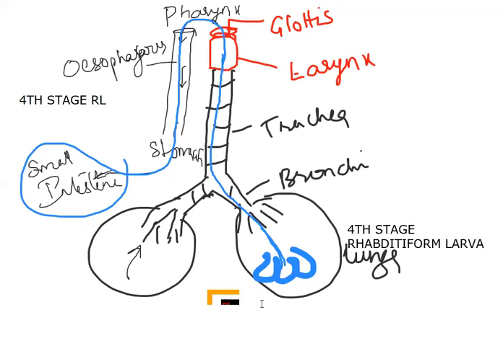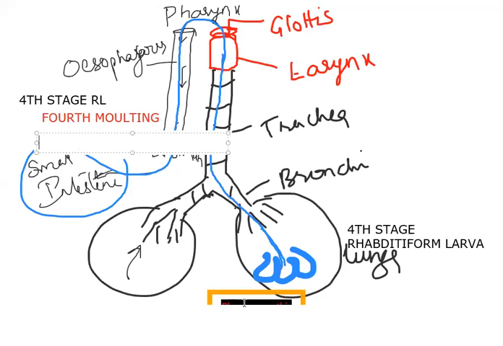Now it undergoes the fourth molting in the small intestine. Nematode parasites will generally undergo four moltings. This is the last molting. In the small intestine, it undergoes the fourth molting, and this is the final molting. Then it becomes a young Ascaris, a young adult worm in the small intestine.